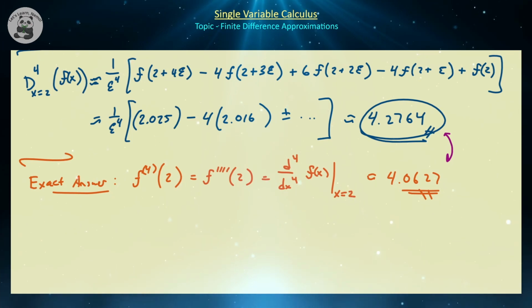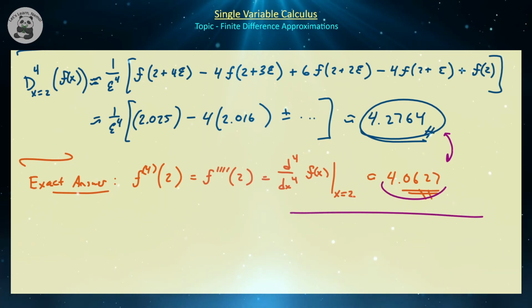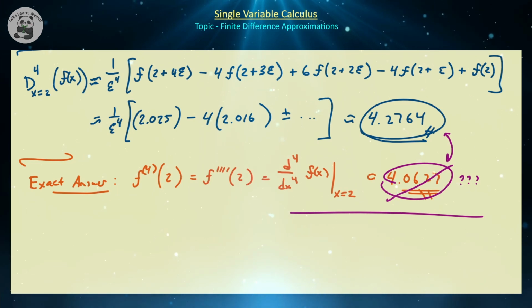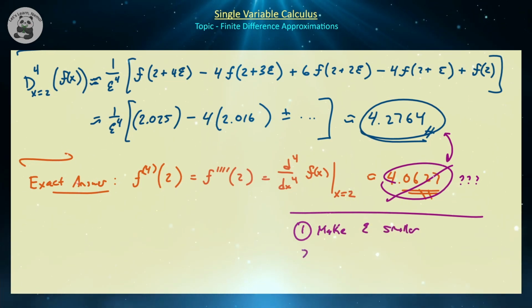But if you need more decimal precision, obviously an epsilon of 0.01 is not good enough, right? So obviously you need to do these things blindly, because we technically do not know what the exact value is, because if we did, we wouldn't have to approximate it. So just keep a couple things in mind. For example, if you want more accuracy, you need to make epsilon a little bit smaller.